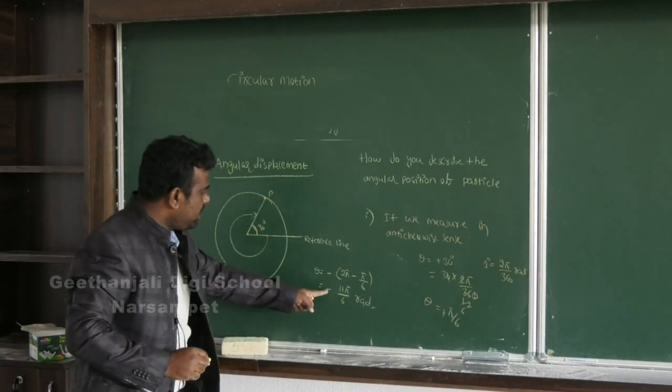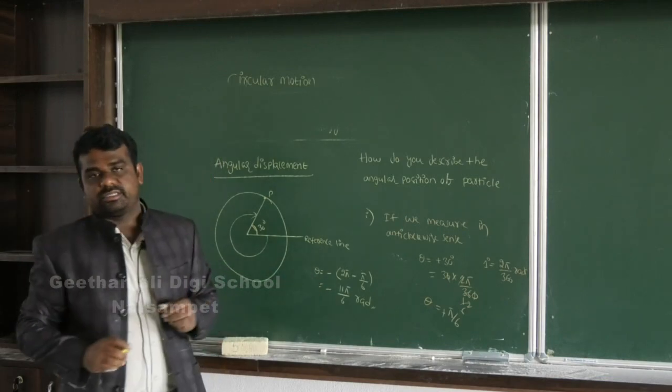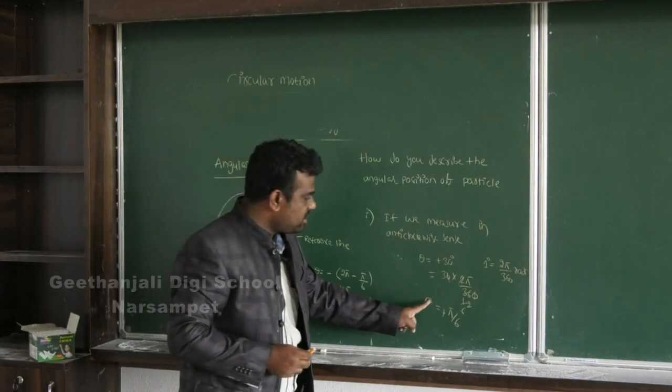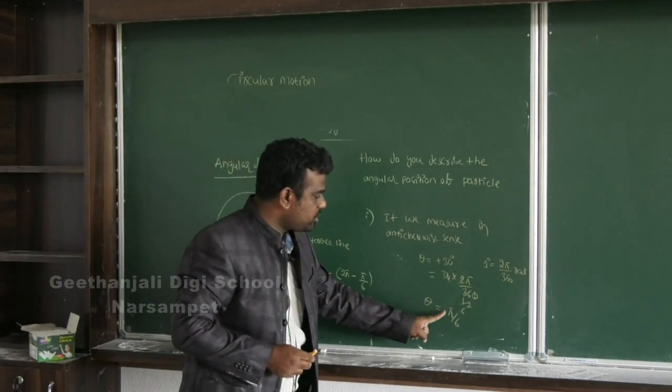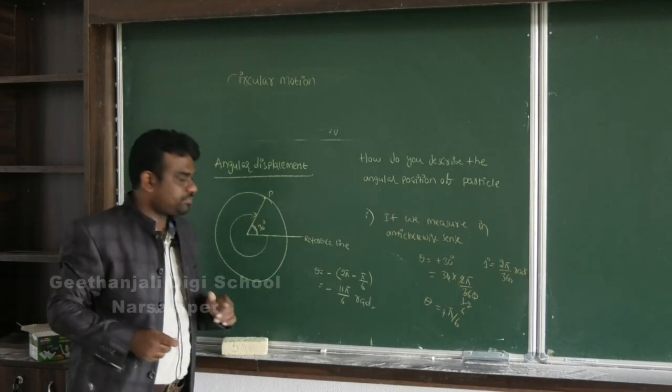So why do I indicate with minus? The minus indicates here we have measured the angle in the clockwise sense. It is clear. If the angle is measured in the anti-clockwise sense, it is positive. If the angle is measured in the clockwise sense, it is negative.